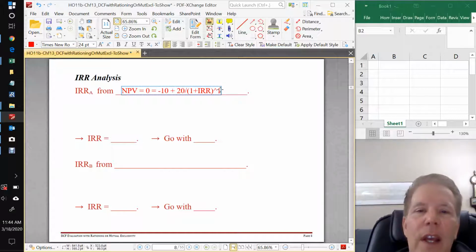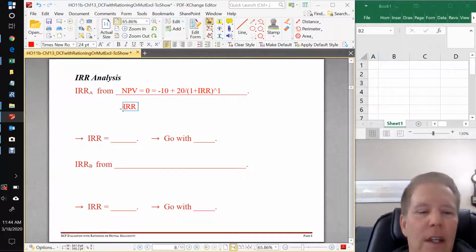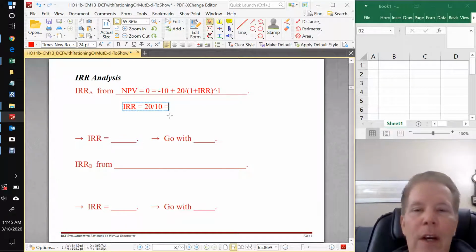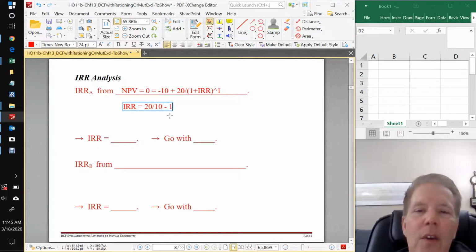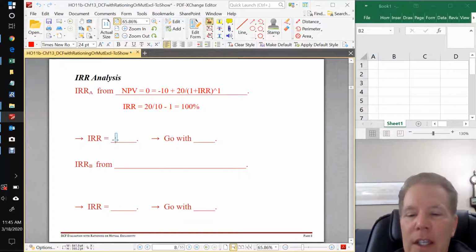This is a 1-year project, okay? And so our IRR is going to be, if you work out the math on that, 20 divided by 10, minus 1, and that's equal to 100%. Pretty awesome IRR there. So IRR equals 100%.